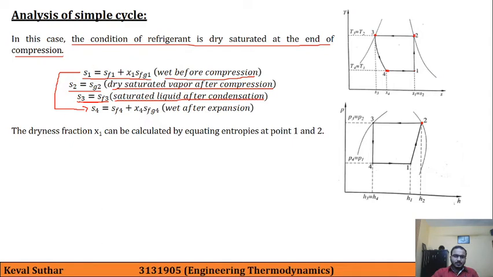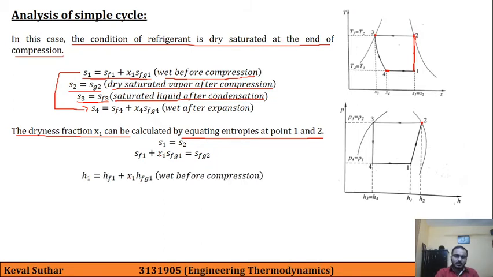Now we need to calculate the dryness fraction X1 by equating the entropies at point 1 and point 2, because the entropy here is the same. So in this way we can calculate the value of X1. Next is the value of enthalpies. The enthalpies will be very similar to these formulas.